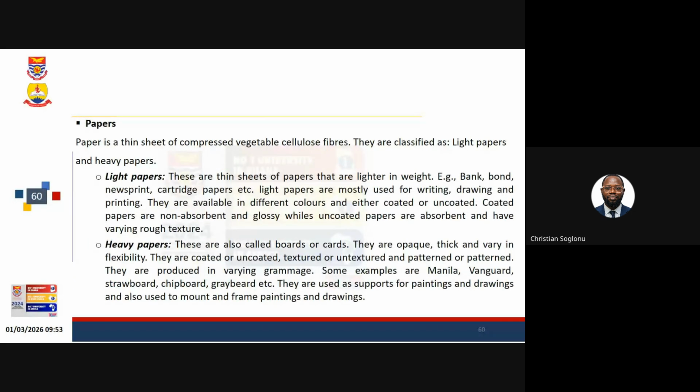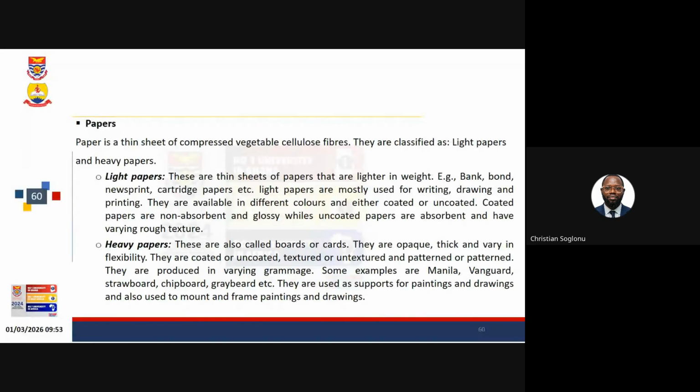We have paper. Paper is a thin sheet of compressed vegetable cellulose fiber. They are classified as light papers and heavy papers. Light papers are thin sheets of paper that are lighter in weight.